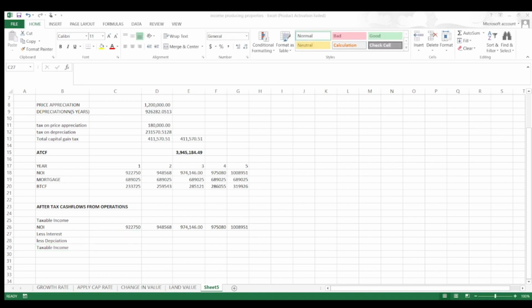So the interest for the first year, based on our example, is 590,569. Second year, we had 580,259. The third year, we had 568,869.